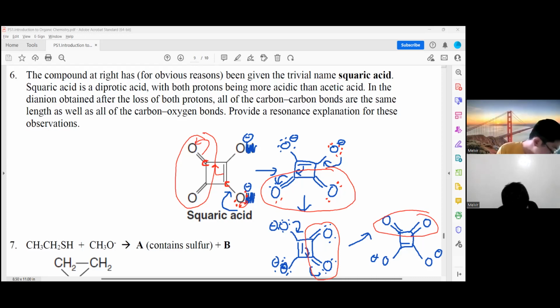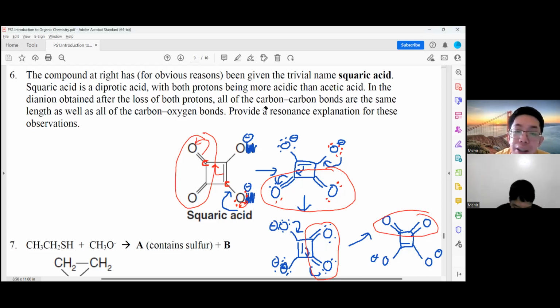Right? So, if that is the case, Josh, ano masasabi mo sa carbon-oxygen bond? Kasi umiikot naman pala siya eh. Can you give me the resonance hybrid structure for this? Sige nga, propose a resonance hybrid structure for this, Josh. Kasi equal contributors ang mga yan eh. Sige, propose to me the resonance hybrid structure for squaric acid.